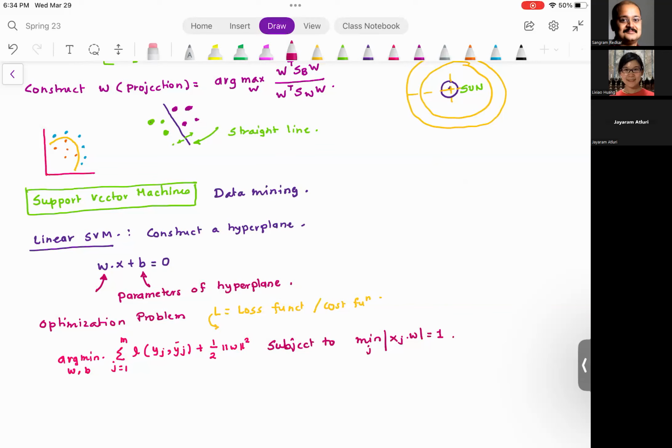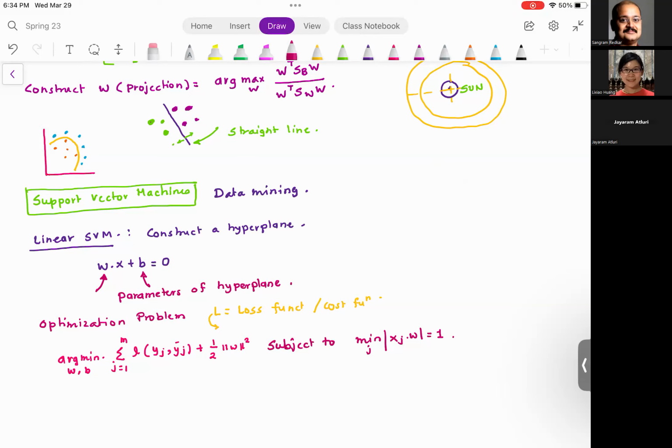So this is the mathematical representation of determining these parameters W and B, so that you can construct this hyperplane that can come up with the differentiation between the data sets.